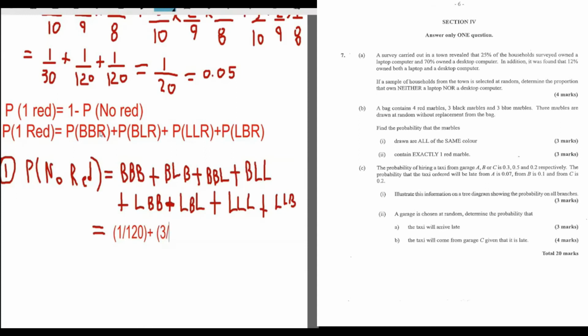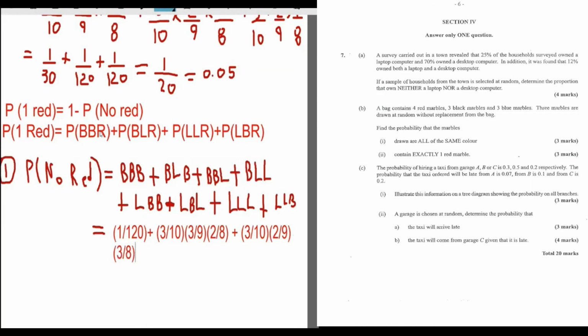So it's 3 over 10, times drawing your blue, 3 over 9, times drawing your next black, we took out one black already, so it's 2 over 8. Plus drawing blue, then blue, then black is 3 over 10, 2 over 9, then your blue is 3 over 8.